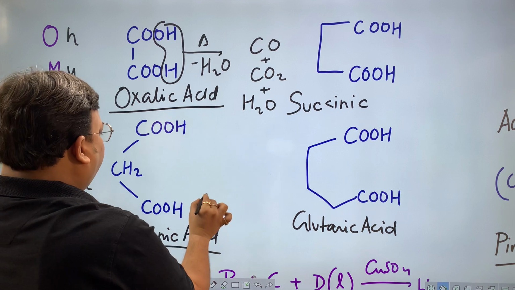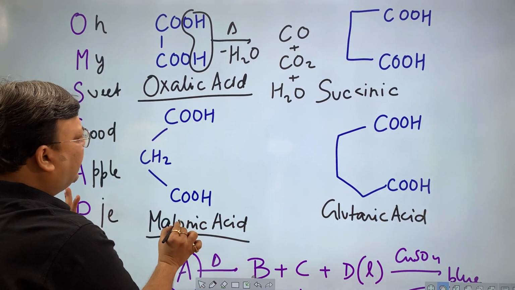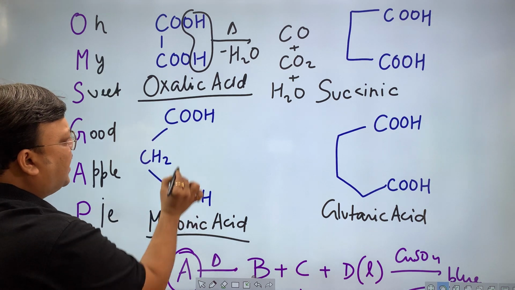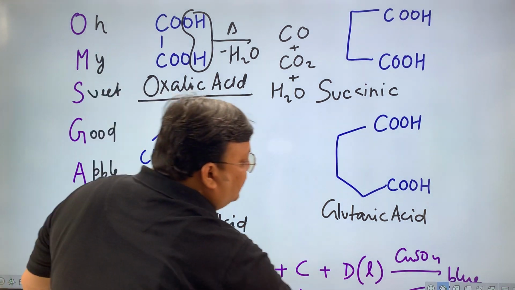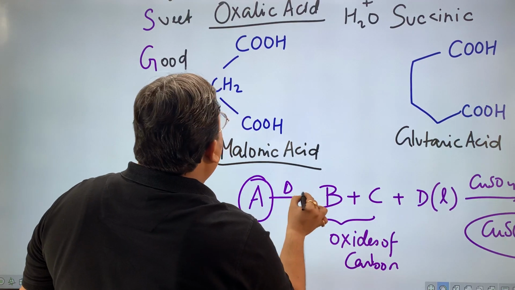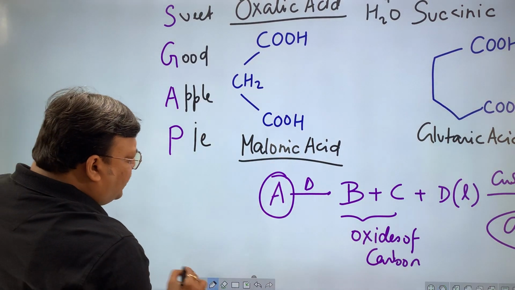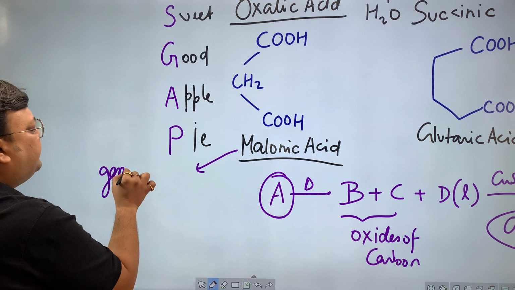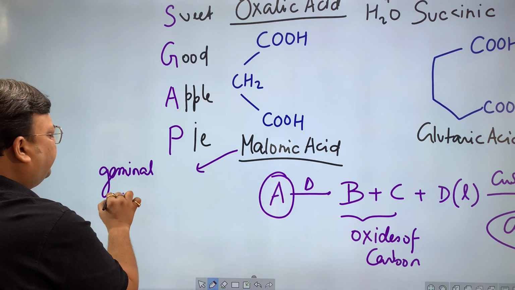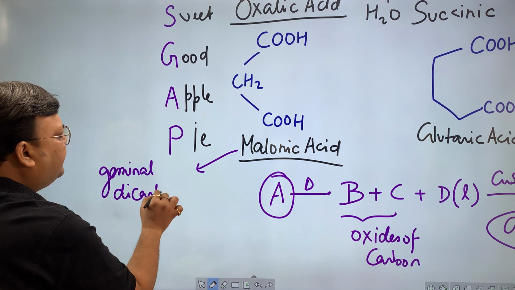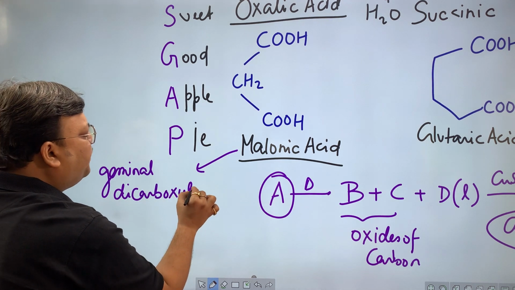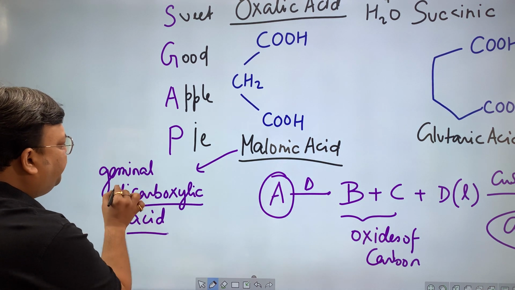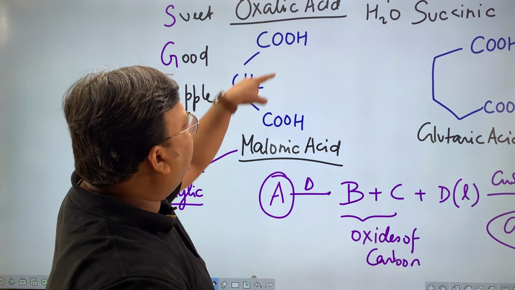The next one is malonic acid. Malonic acid is where there are 2 COOH on the same carbon. Now when there are 2 COOH on the same carbon, you can call it a gem or geminal dicarboxylic acid. Geminal means 2 similar groups on the same carbon.